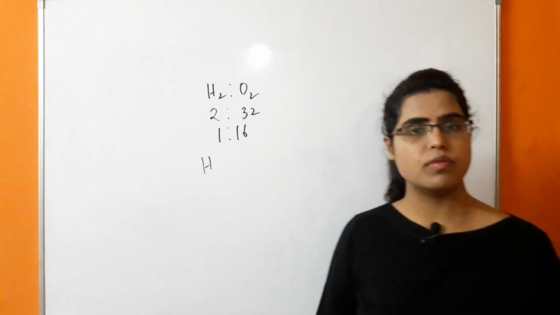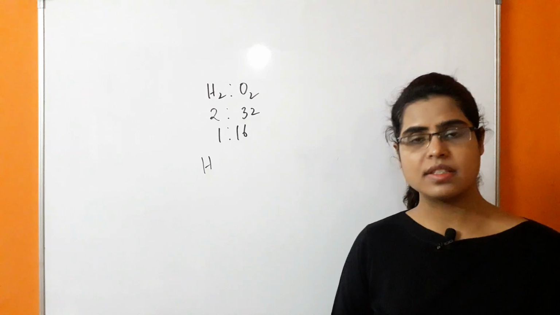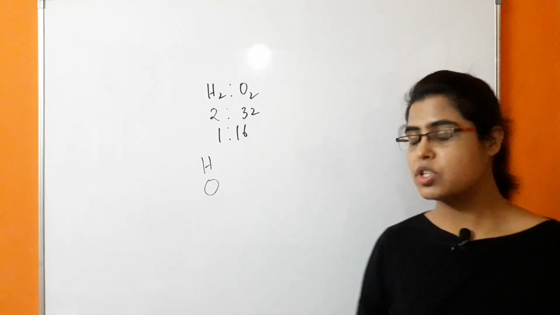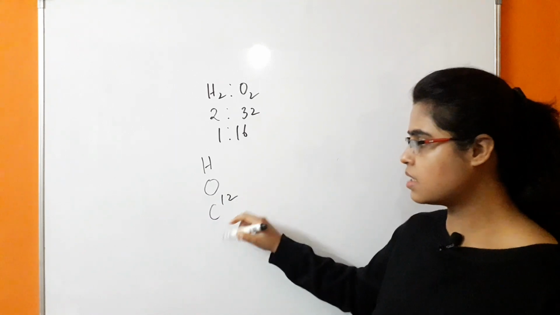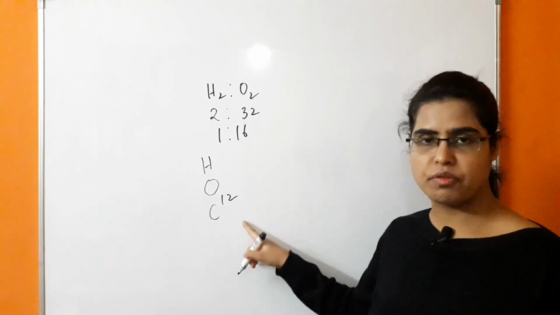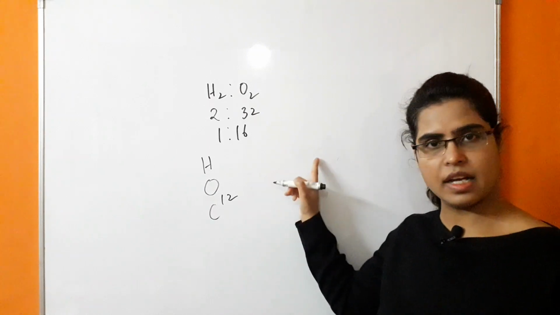Next, oxygen was used as a reference atom. Later, carbon was used as a reference atom, the carbon-12 isotope, which has mass 12, to determine the relative atomic mass of other elements.